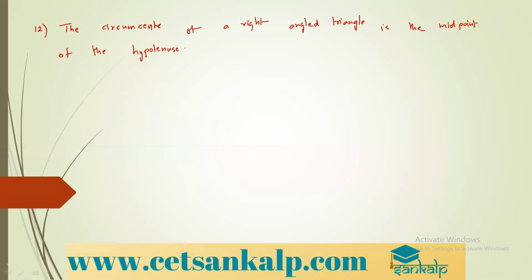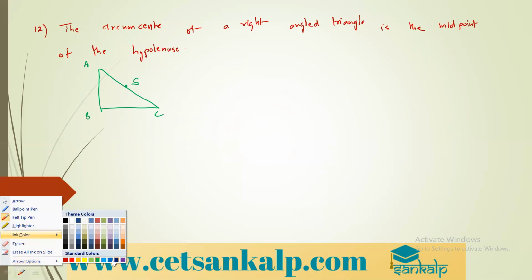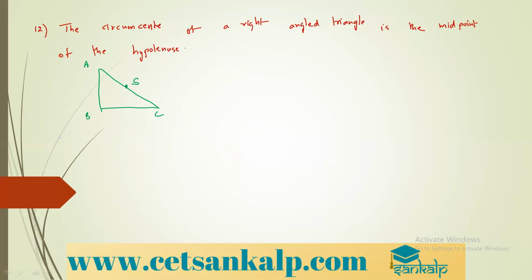I already explained this point in the beginning of the class. Suppose there is a right angle triangle ABC, the hypotenuse midpoint only will be the circumcenter. So we can apply this in the question.